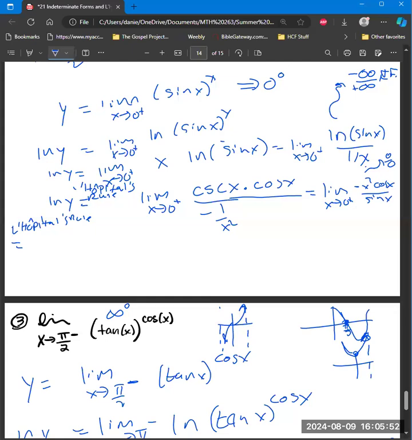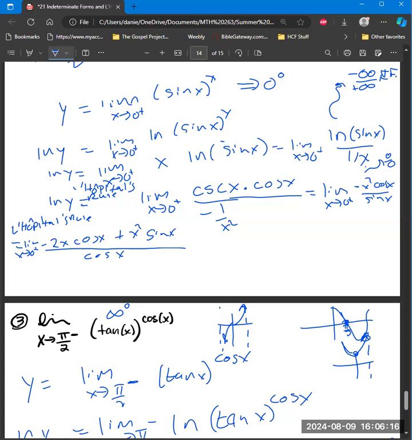And I am going to have a product rule in the top, so derivative of the first piece times the second plus derivative of the second piece times the first. This is the limit as x goes to 0 from the right.